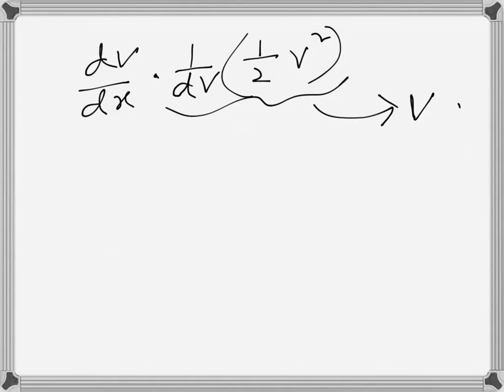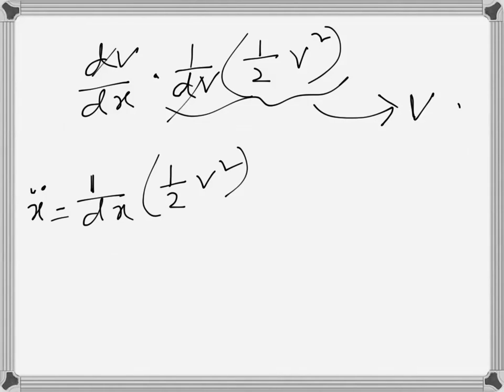So this is there. Now this one will go away, so d over dx of half v squared is x double dot, and this one is equal to 18x cubed plus 27x squared plus 9x.